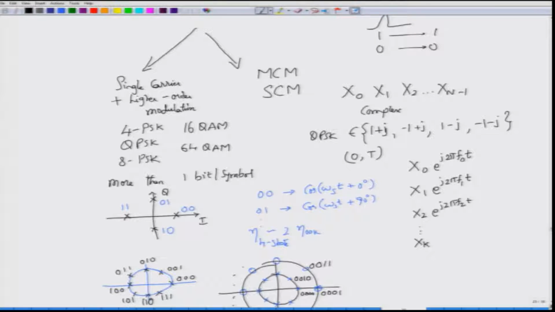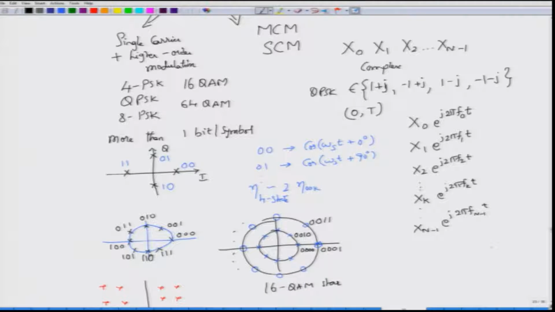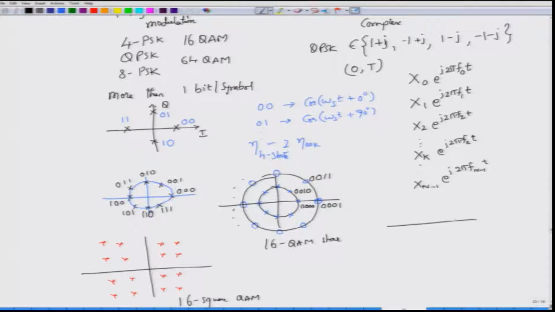At the kth one you have xk e power j 2 pi fk t. Finally, you have the last one as xn minus 1 e power j 2 pi fn minus 1 t, where these frequency components f0, f1, f2 are all equally spaced.